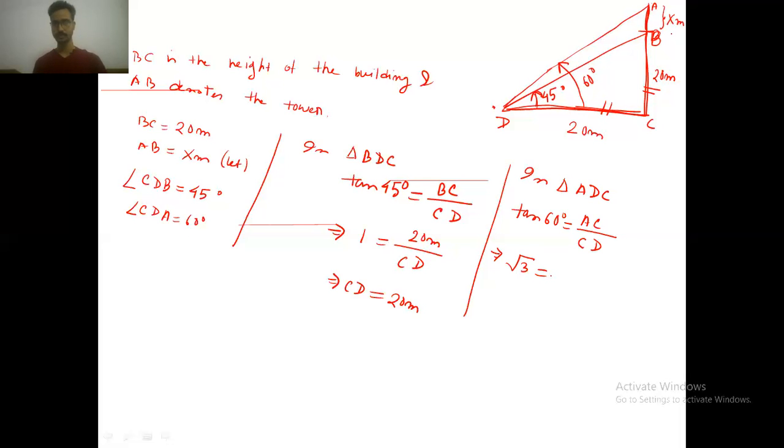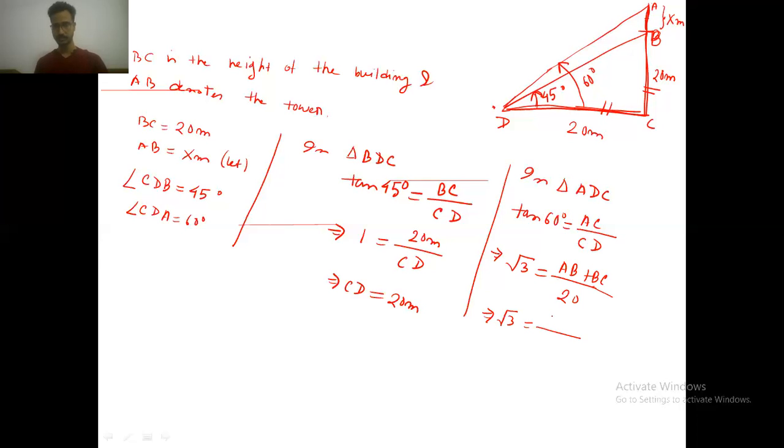And we can write AC as a summation of AB plus BC. Yes or no? AC, we can write as the summation of AB plus BC, and CD is nothing but 20 meters, so you can write 20. Now just put the value here, root 3.